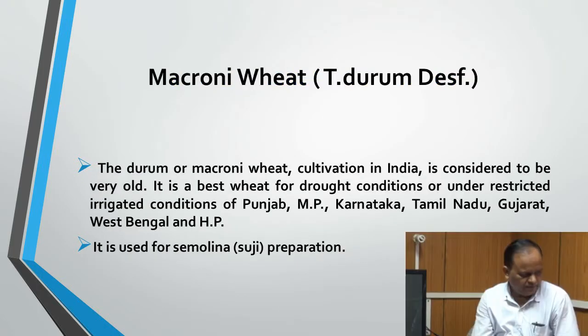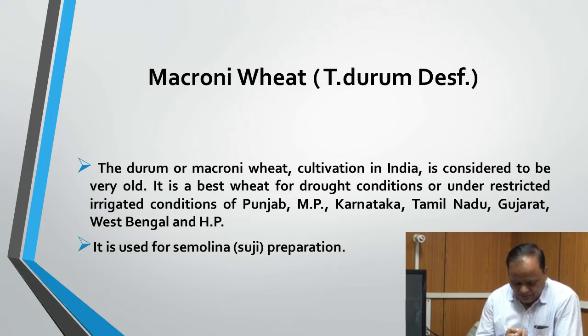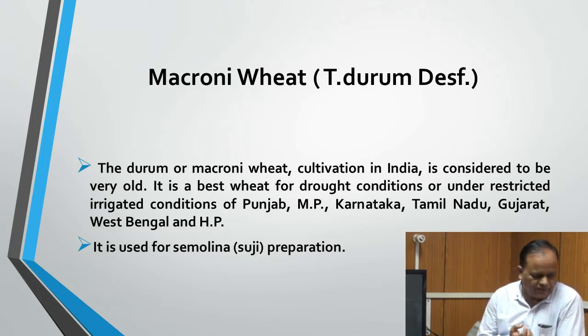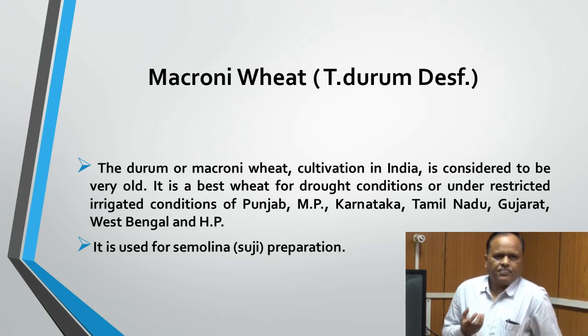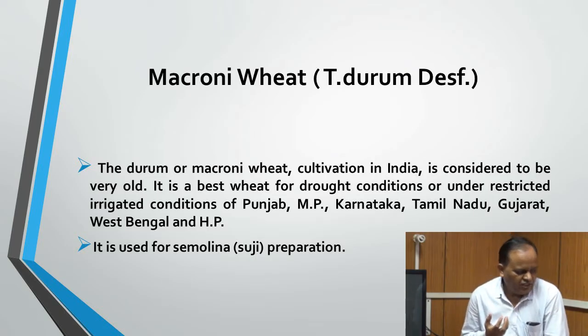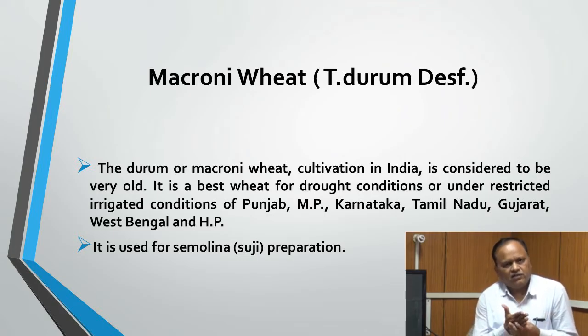The second type of wheat, that is macaroni wheat. Macaroni wheat has its importance particularly for the commercial purpose, as from macaroni wheat we can make a lot of different type of dishes or different type of products of the wheat, like semolina or noodles and other products.